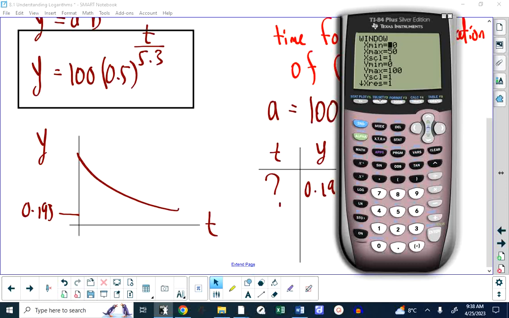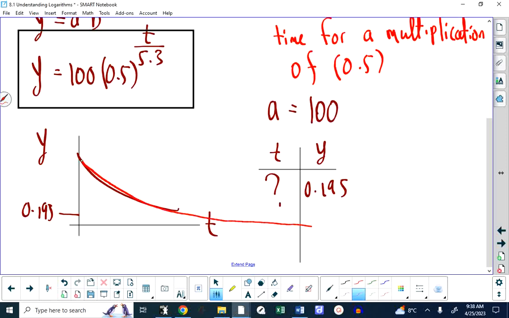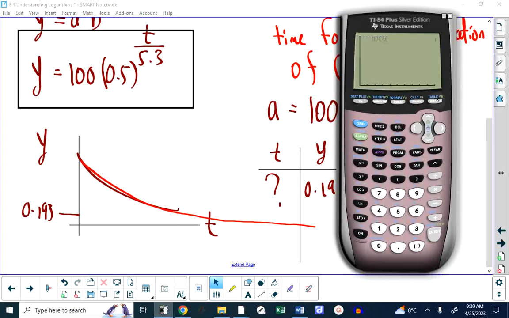You know what's happening here? I suspect this graph is coming down closer and closer to the x-axis. And I'm looking so far over here, I can't see the lines. But I'm willing to bet that they're there.